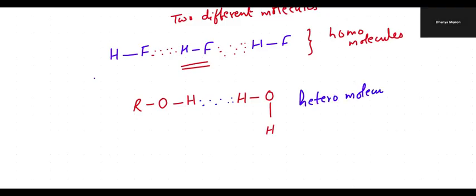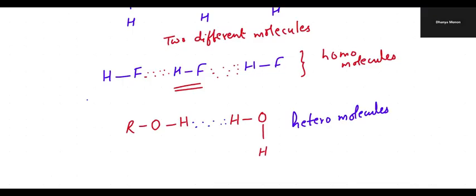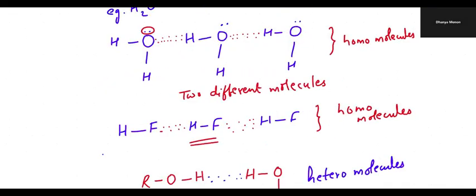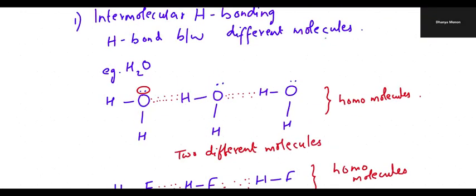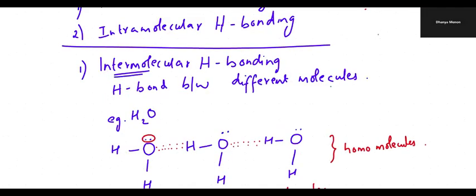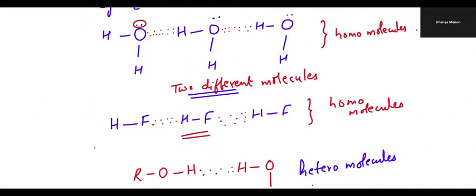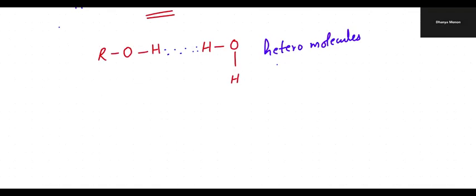Whether it is happening between the same types of molecule or two totally different kinds of molecule, like heteromolecule, here the hydrogen bond is formed between different molecules, and this is called what? Intermolecular hydrogen bonding. Okay, so it involves the presence of two or more molecules. It can be the same type of molecule or different types, like the heteromolecule.